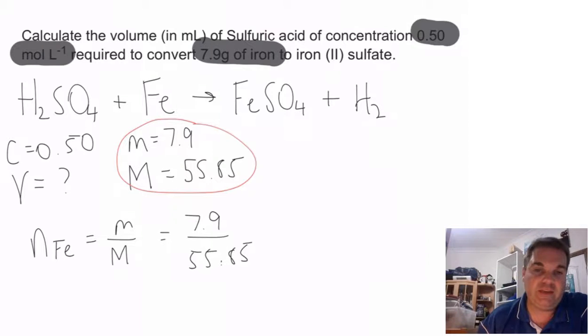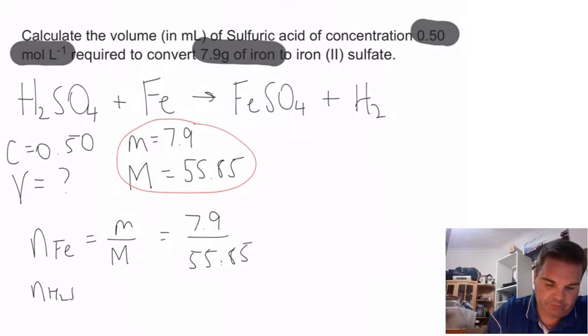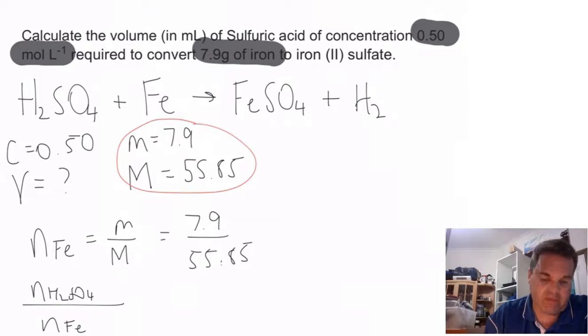Next step is to calculate the mole ratio. For our mole ratio, it's number of moles of our unknown, which is sulfuric acid, over number of moles of our known, which is iron. We just get these from the equation. For our sulfuric acid, it's not written, but there's a 1 out the front. So this equals 1 over, and then for our iron there's also a 1 out the front. So our mole ratio is actually 1 over 1.